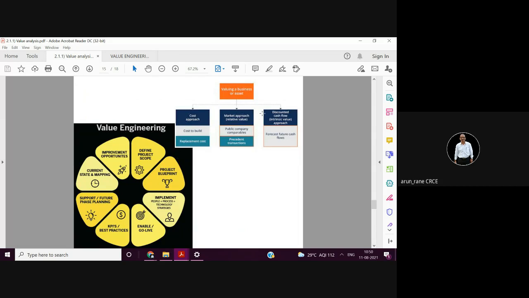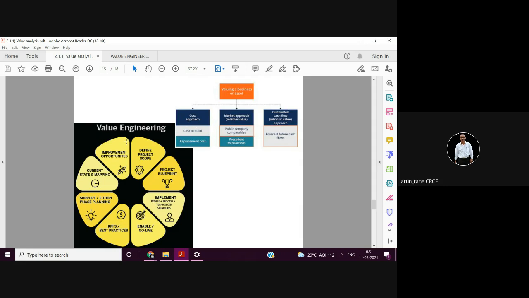So here you have different approaches. First you have to identify improvement opportunities. Value engineering and value stream mapping go hand in hand.